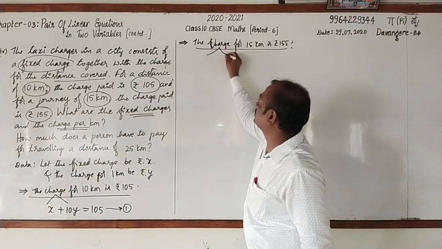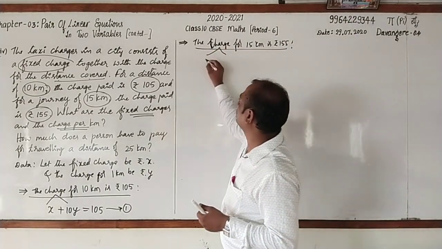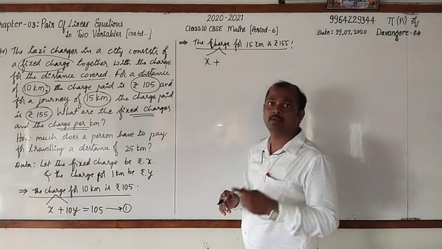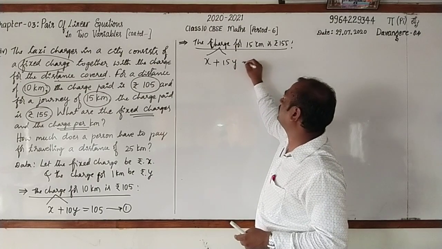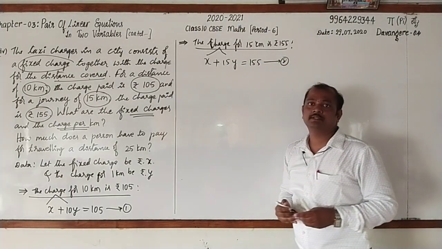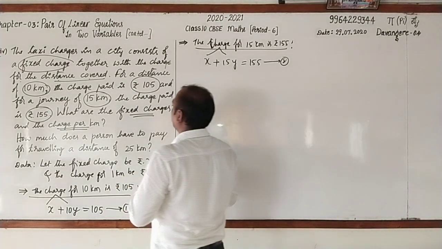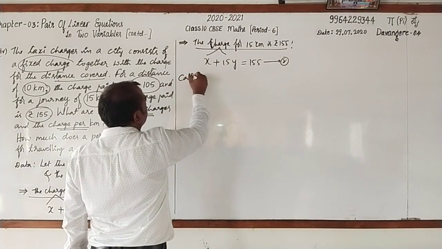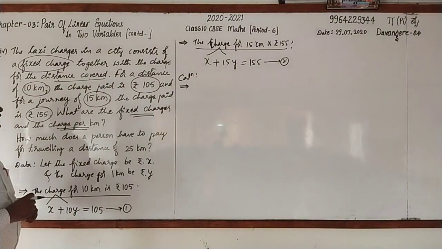This charge includes both the fixed charge and the charge for 1 kilometer. Fixed charge X rupees, 1 kilometer Y rupees, 15 kilometers 15Y. Altogether 155. You may call it equation 2. Got it? Yes. Now let's calculate by using a method called the substitution method.